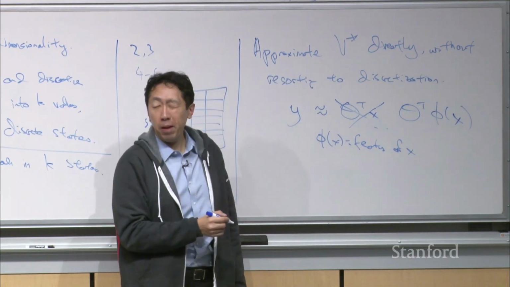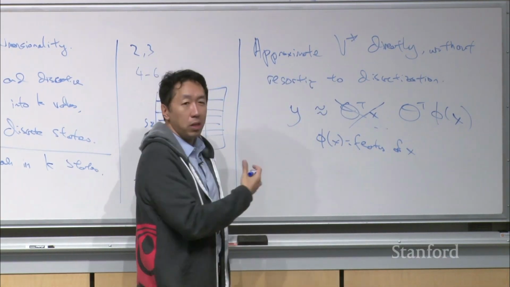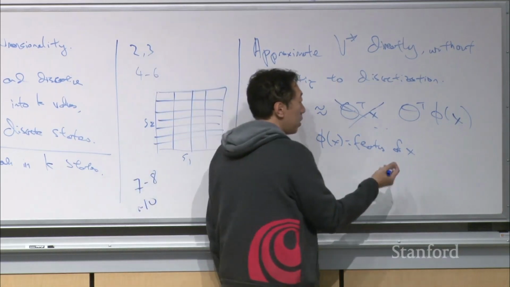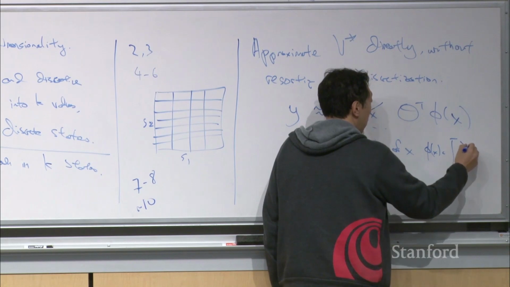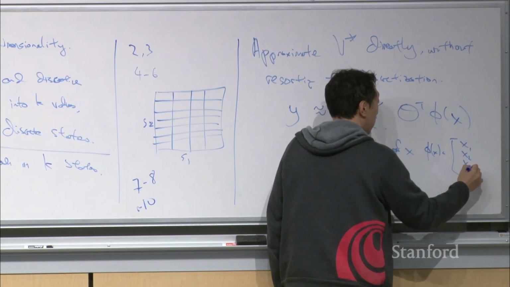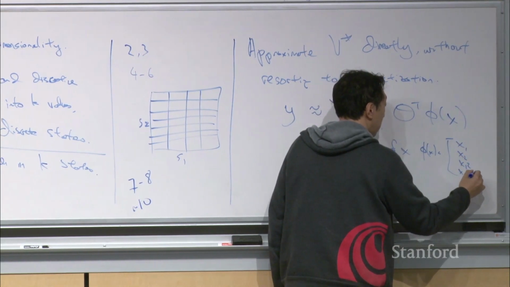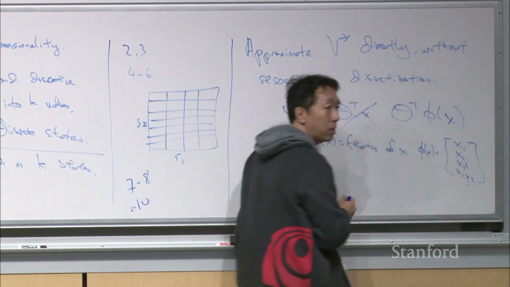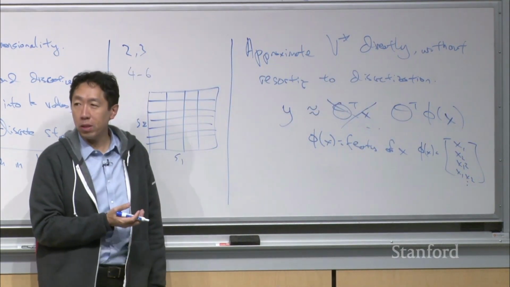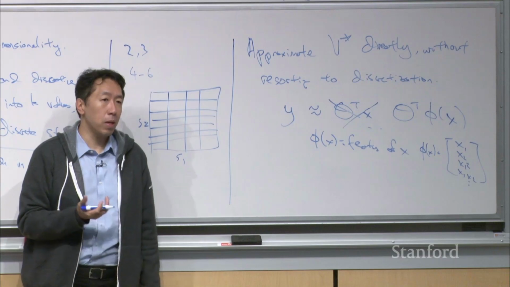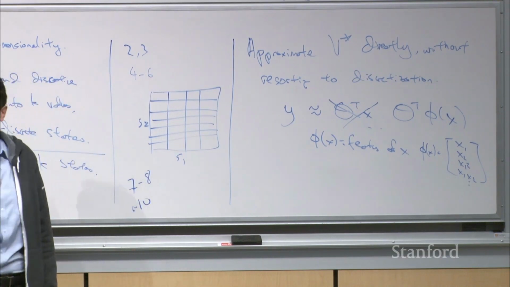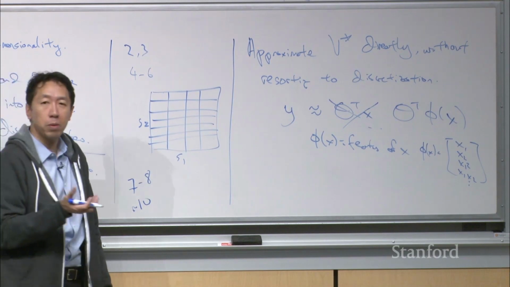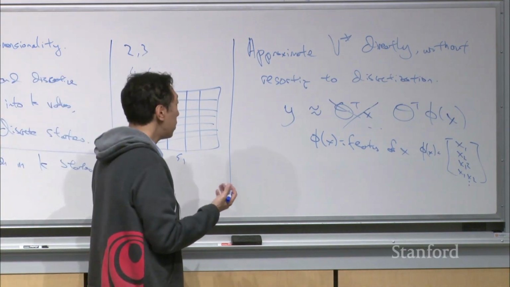So this is what linear regression does. If x is your housing data, then maybe phi of x is equal to x1, x2, x1 squared, x1 x2, and so on. That's how you can use linear regression to approximate the price of a house, either as a function of the raw features or as a function of some slightly more sophisticated, more complex features of the house.